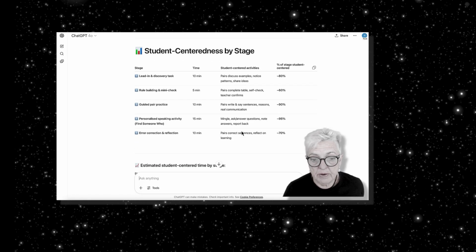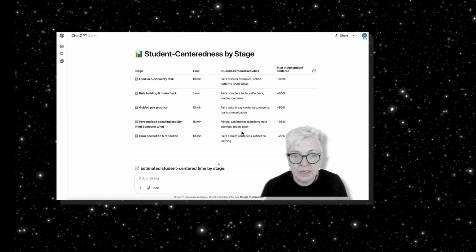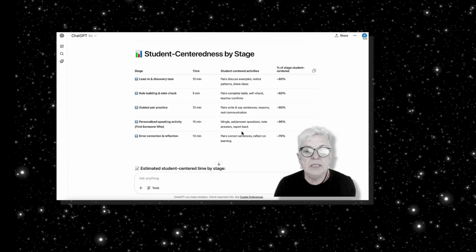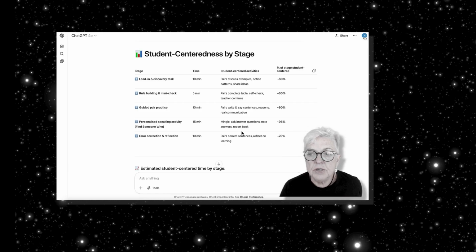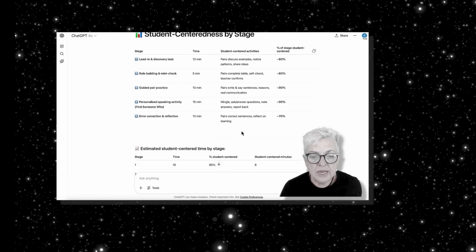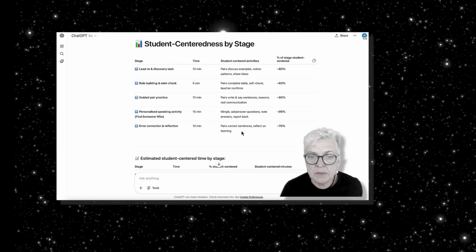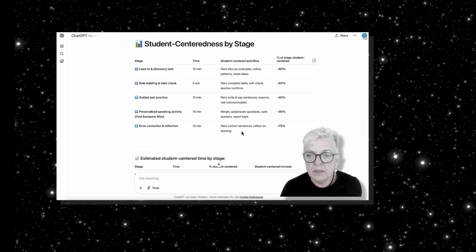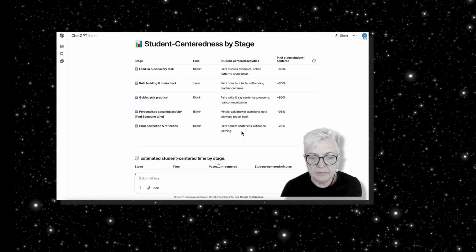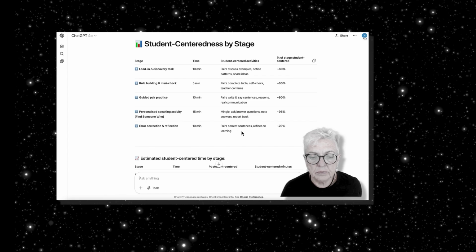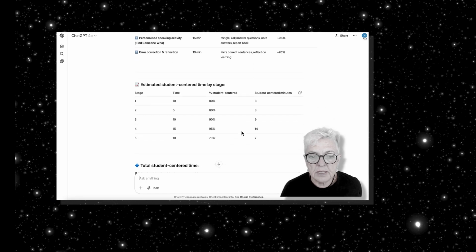So, very interesting. Now we're beginning to look at this. So I told you we could assess lessons, student-centred, range 80%. What have we got here? This is by stage, time. Interesting. Estimated student-centred time.